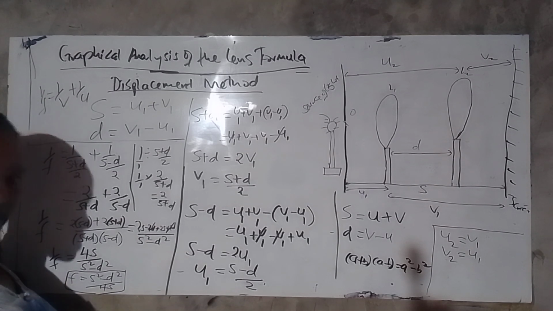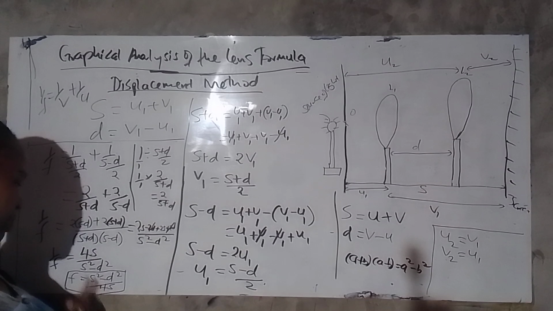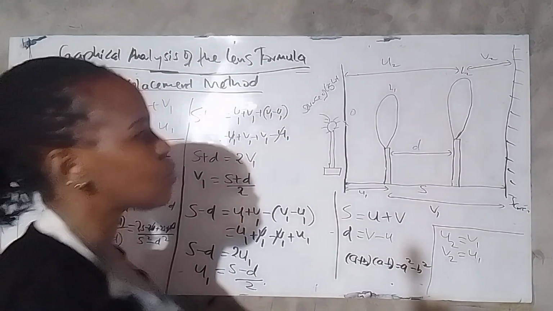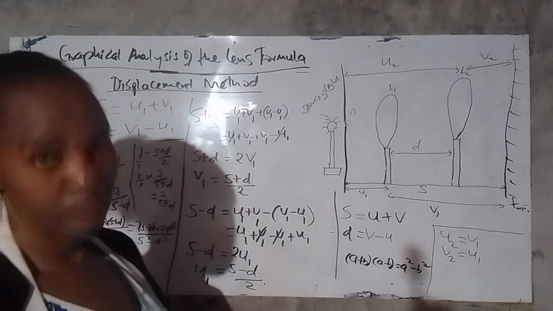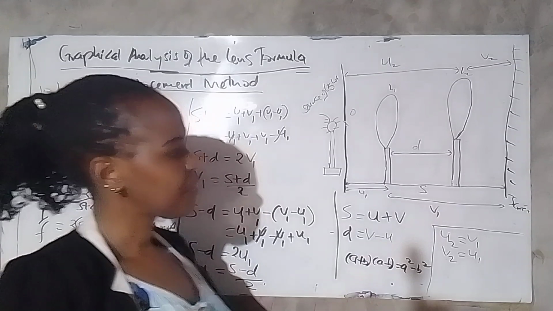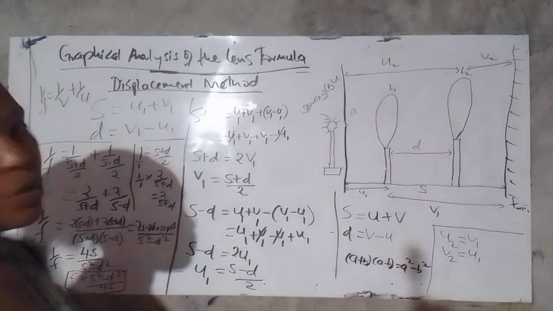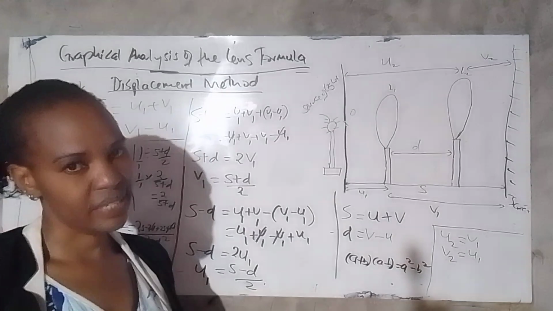And finally f, the reciprocal of that, is (s squared minus d squared) over 4s. Now when you look at this, we don't need to know the focal length of the lens when doing the experiment. We just fix s and get the corresponding d, and with s and d we are able to calculate the focal length of our lens.